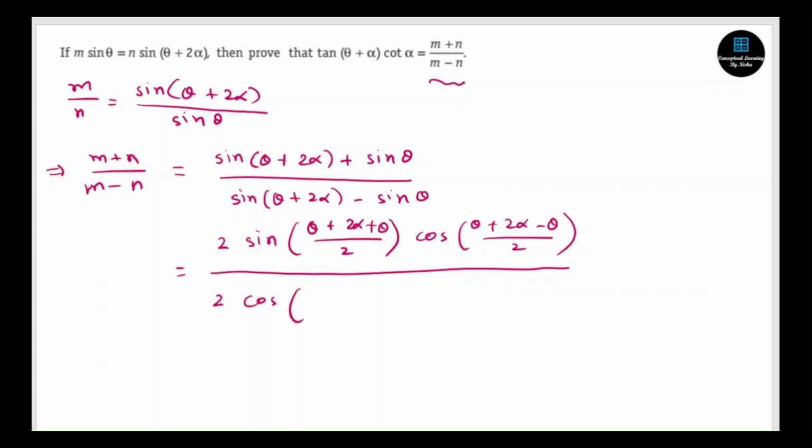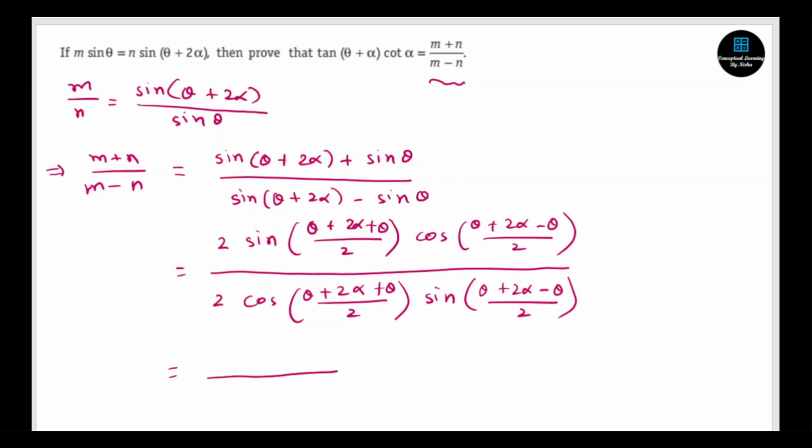So cos theta plus 2 alpha plus theta upon 2 and sine theta plus 2 alpha minus theta upon 2. You have to mention which identity you are applying. Okay. Now 2 is getting cancelled out and I have to simplify both of them.